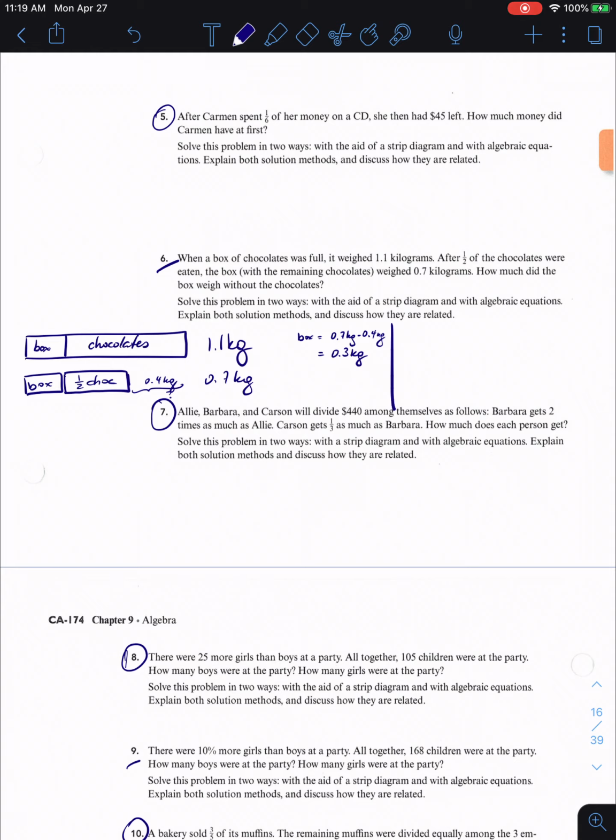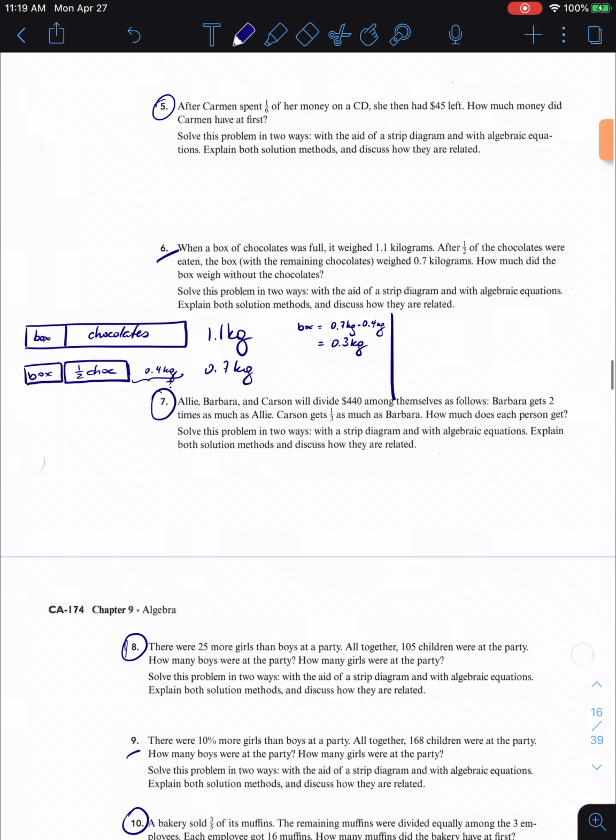Okay. Now let's see if we can do this algebraically. So box, let's call it B. And chocolates, let's call them C. And what are some of the things that we know? We know the box plus chocolates is 1.1.